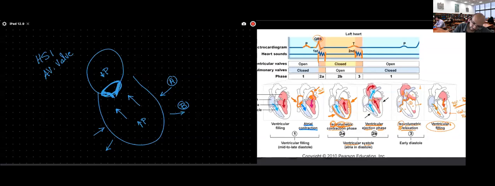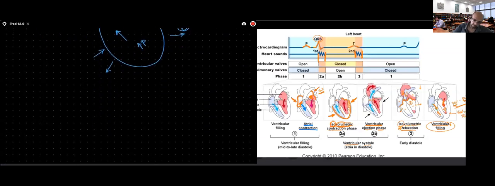So this blood will be pushing the cusps up like this and results in closure of the valve. So this will take place when I am contracting. So the first heart sound takes place during ventricular contraction, systolic. It's a systolic heart sound.